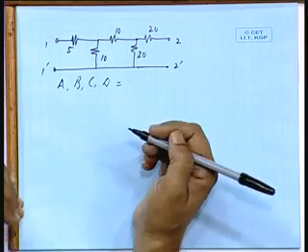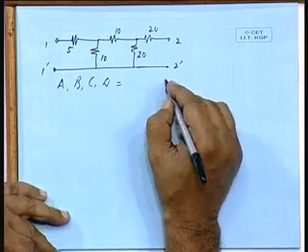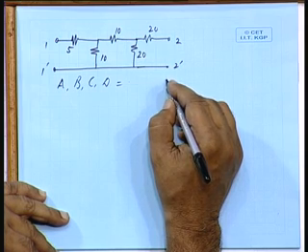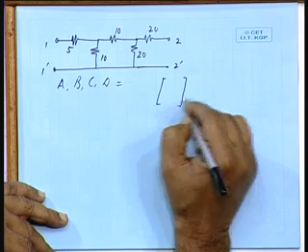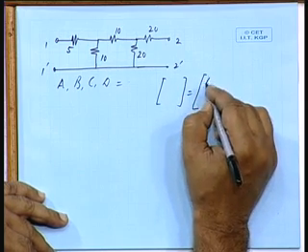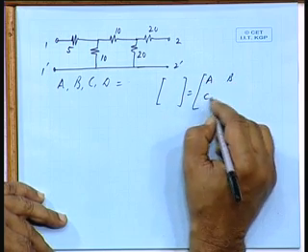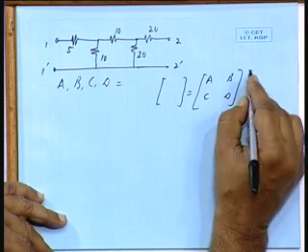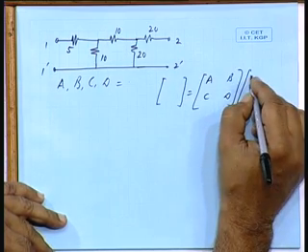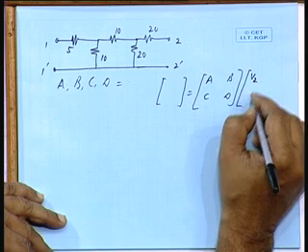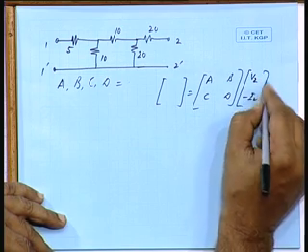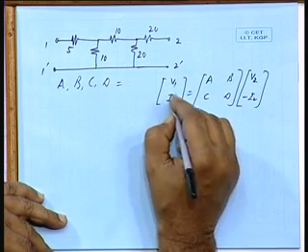How do you calculate A? If you remember, what was written as ABCD? This was V2, V2 minus I2 and V1 and I1.